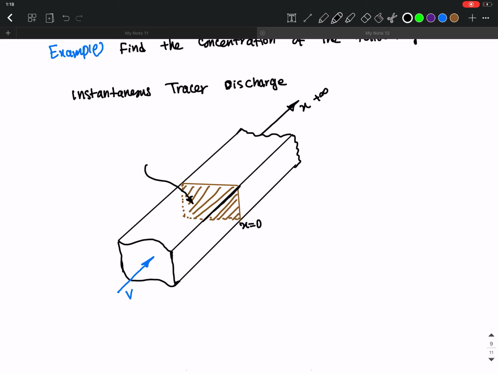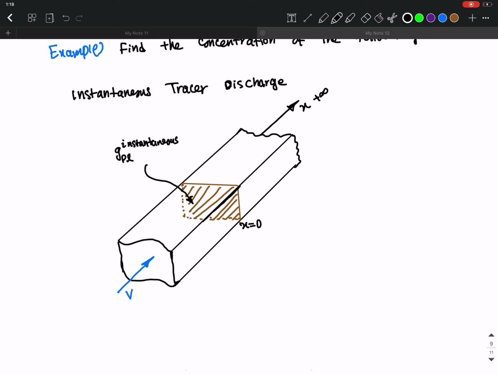It's an instantaneous tracer discharge, meaning that we discharge, for example, an amount of that, like G_PL, instantaneously. I show it with I, which represents instantaneous. So this G_PL_I is released at just one time, and just at this space at x equals 0.